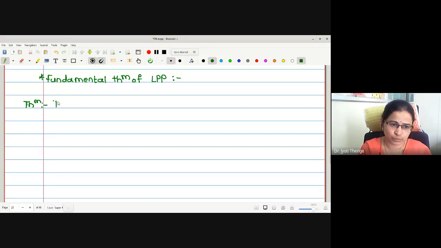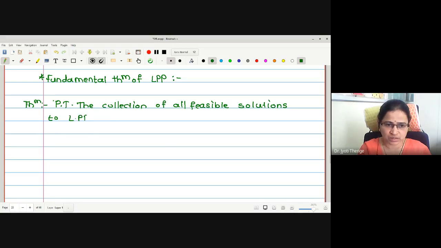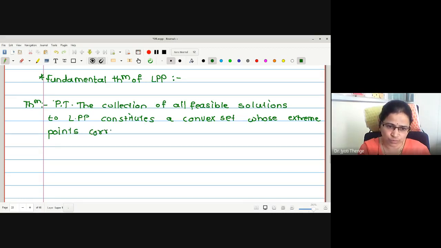The statement says: prove that the collection of all feasible solutions to LPP constitutes a convex set whose extreme points correspond to the basic feasible solution.